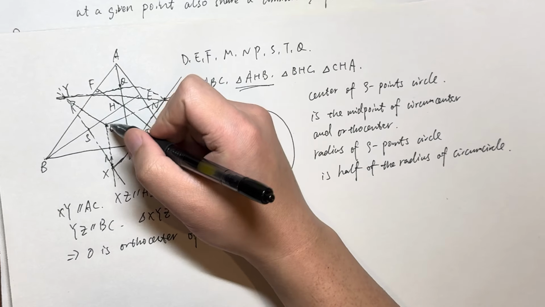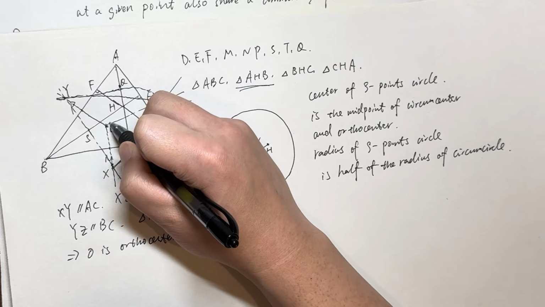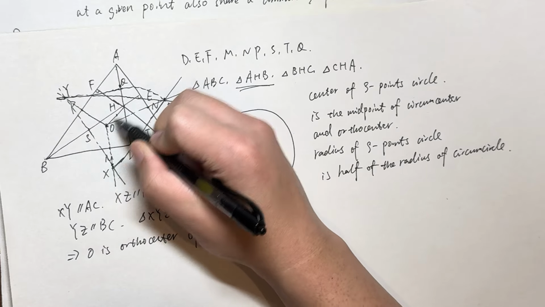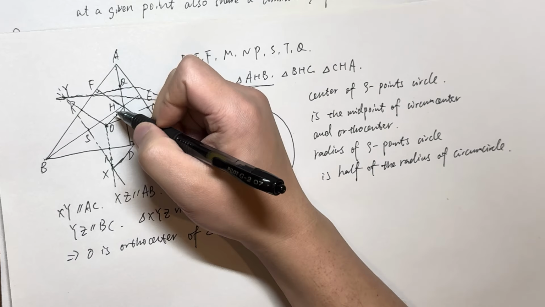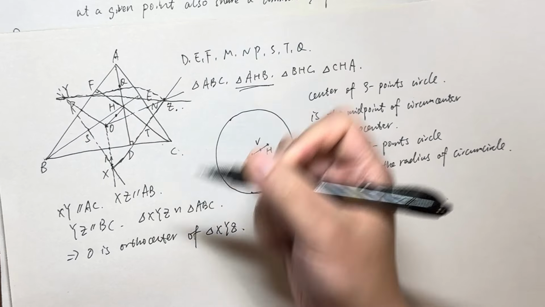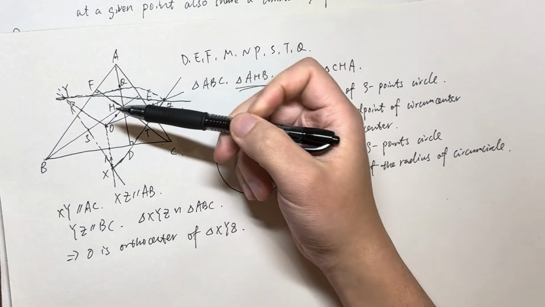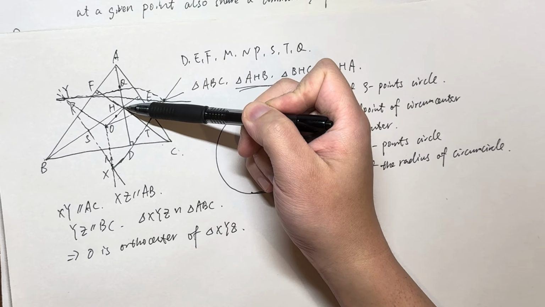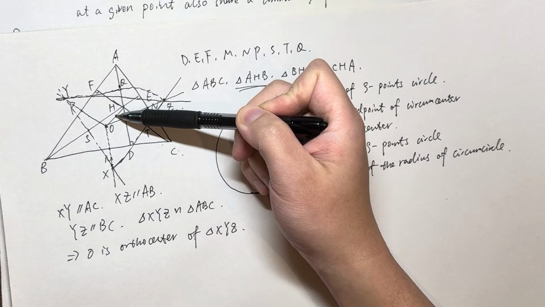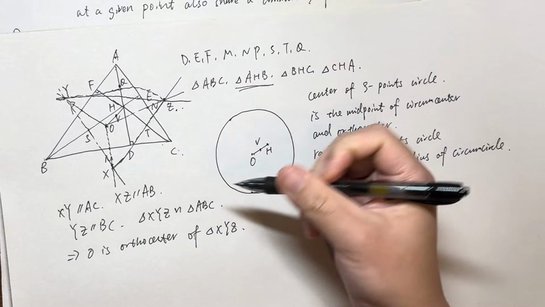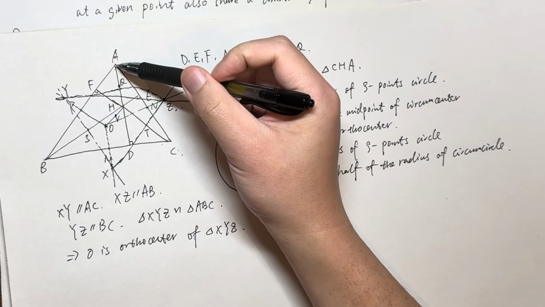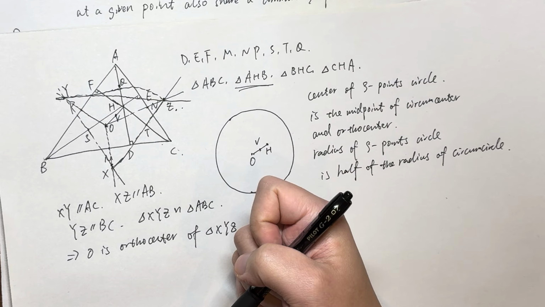We know that the 9-point circle center is a midpoint of OH. Right? It's a midpoint of OH. So we already proved that O and H are symmetrical to V. How about the other points? We just need to prove that X is symmetrical to A as well, right?